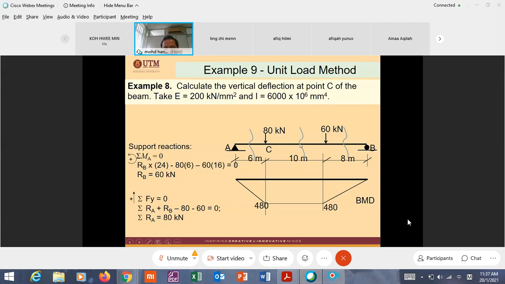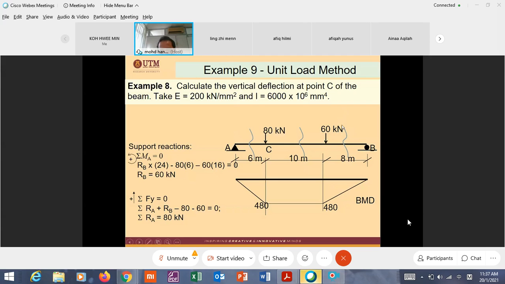For this segment you can start from the left support, but how many loadings now? 1, 2, 3, three loadings. If you start from the right support, you only have one loading. It is shorter. Why must you choose the shorter one?